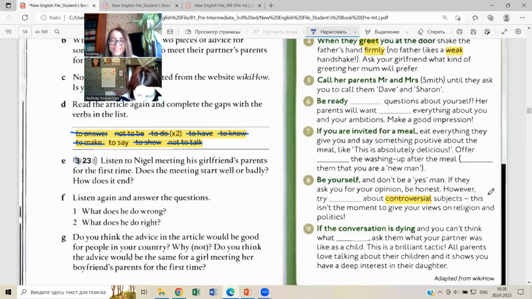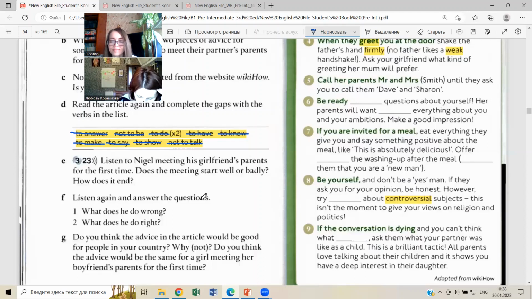If the conversation is dying and you can't think what to say, ask them what your partner was like as a child.